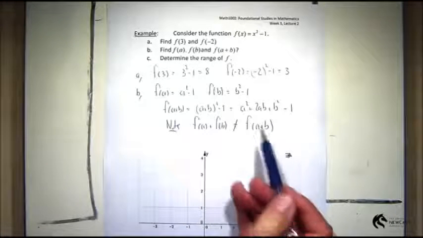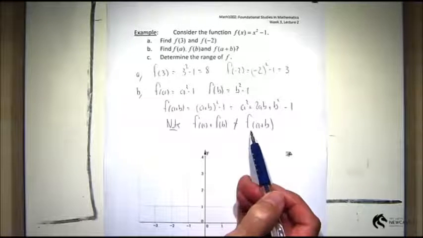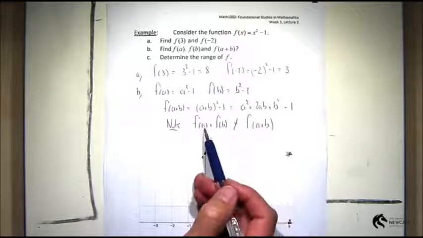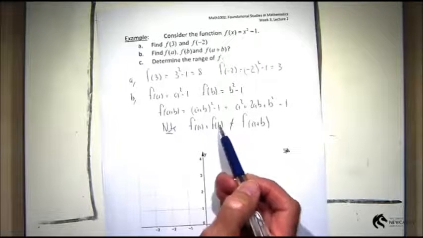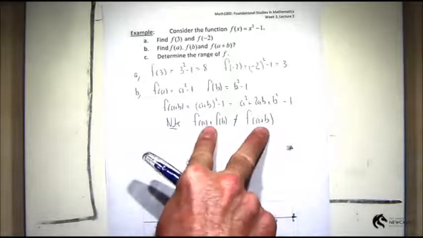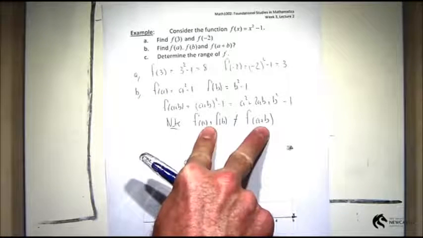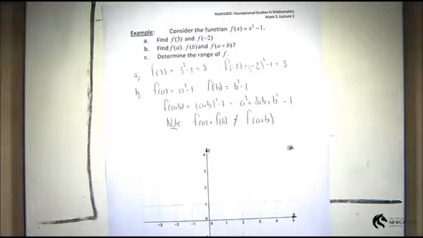This one says if you have two numbers, add them up and then work out the function value associated with that. You don't get the same as working out the function value associated with A, working out the function value associated with B and adding those. They are definitely different numbers. And that has importance when we do algebra with these things.